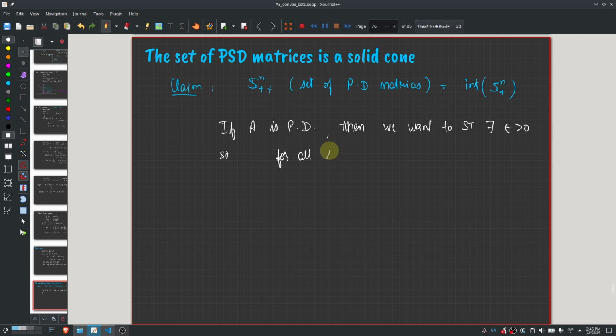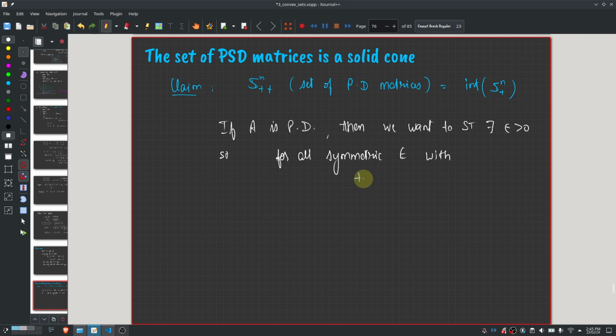for all n by n symmetric matrices E, you can think of this as the perturbation around A. Okay, so for all n by n symmetric matrices E with the norm less than epsilon, so what is the norm in this case?